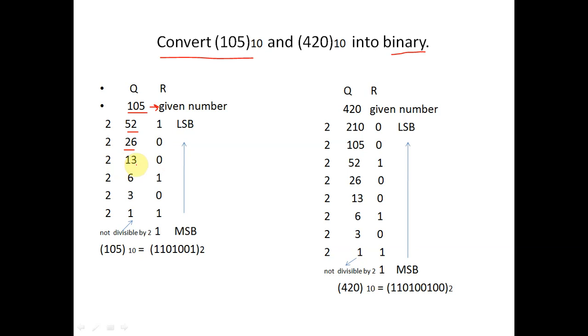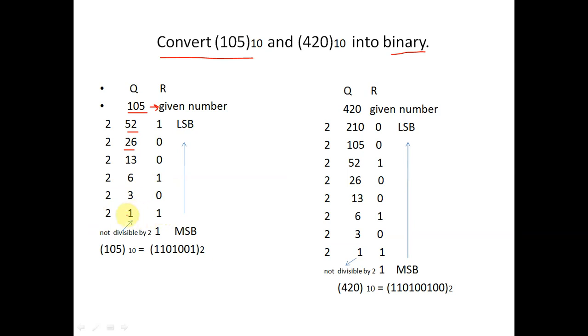These 13 are again divided by 2, then the quotient is 6 and the remainder is 1. Now this 6 is again divided by 2, then the quotient is 3 and the remainder is 0. These 3 are again divided by 2, then the quotient is 1 and the remainder is 1.